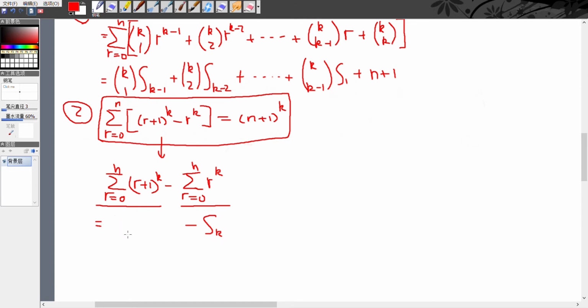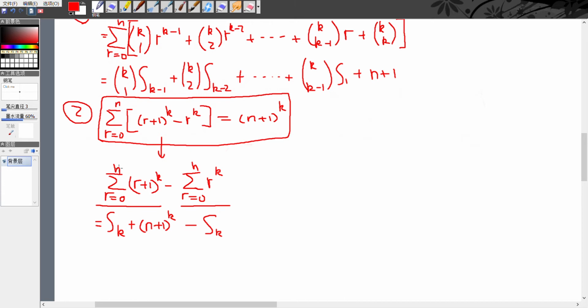If we separate the expression into two things, you will see that this actually equals Sk plus (n plus 1) to the k.